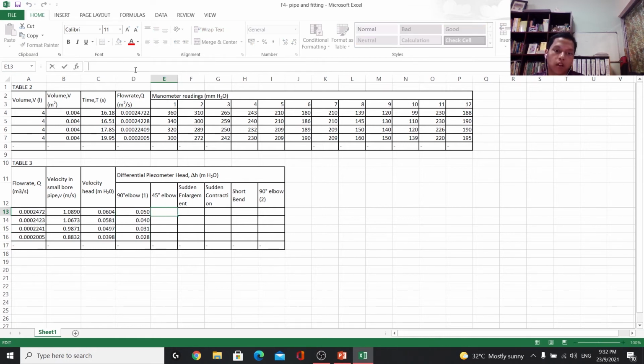This one is the 45-degree elbow. We can see it is G4 and also H4, so we equal G4 minus H4, close up, and divide by 1000. So we enter it here.